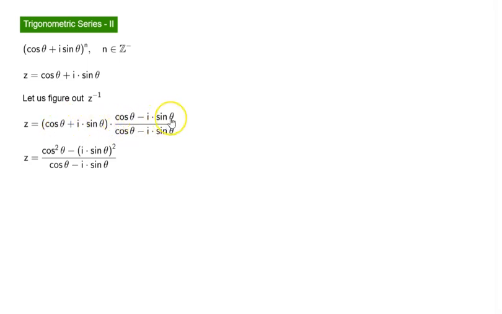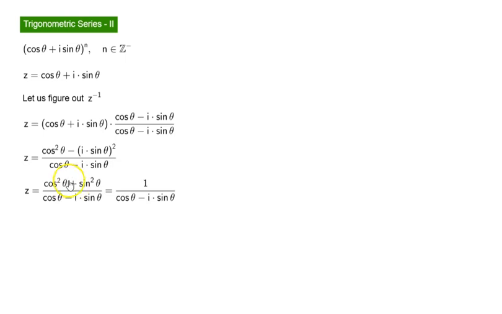Right? (a + b)(a - b) equals a squared minus b squared. So cos squared theta minus (i sin theta) squared, divided by cos theta minus i sin theta. Now simplifying it further, we get cos squared theta. Here it will become i squared, and i squared is minus 1. So minus 1 times minus is plus 1.